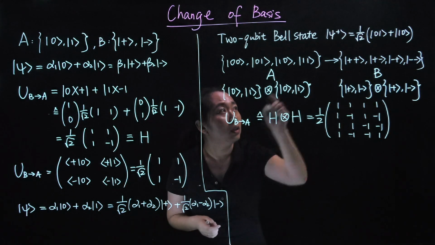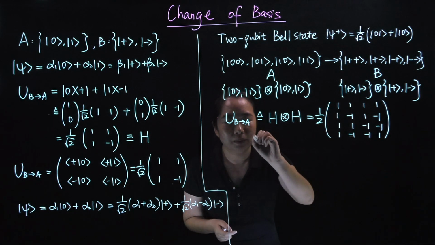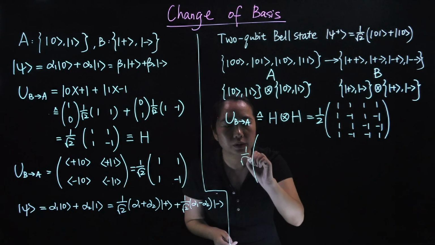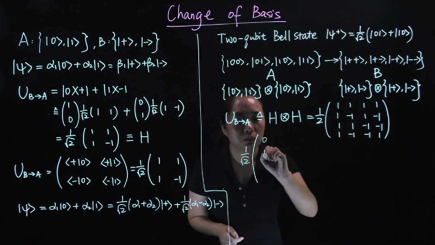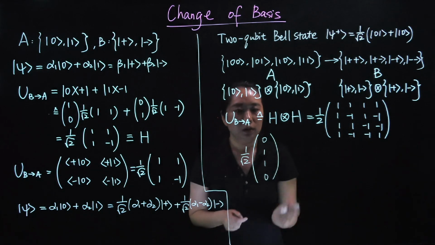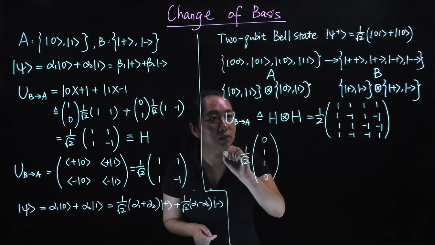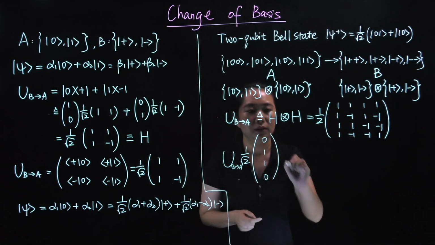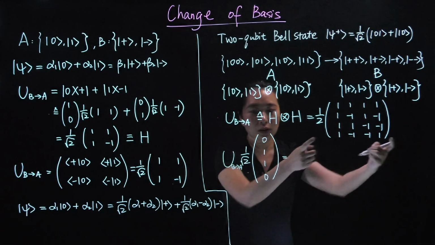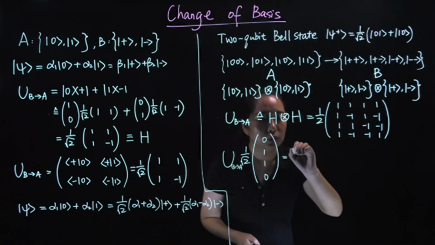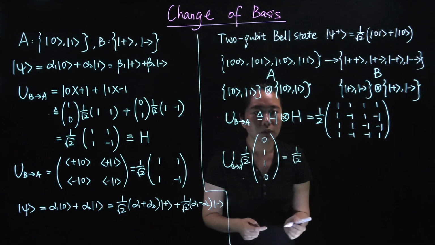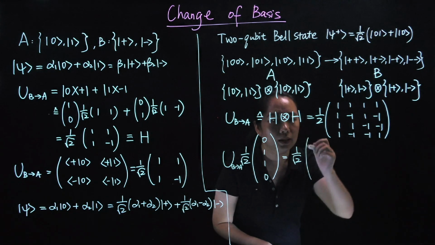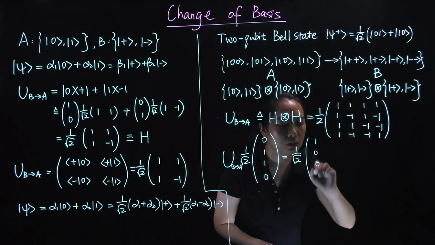So now the column of the complex coefficients in this computational basis for psi plus is 1 over square root 2, (0, 1, 1, 0). And we apply the basis transformation U on top of that. This will give us this matrix multiplied by this column, which is then 1 over square root 2, (1, 0, 0, minus 1). I will skip the work, but you can work it out yourself.